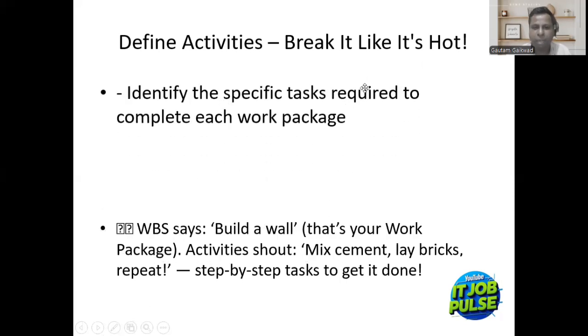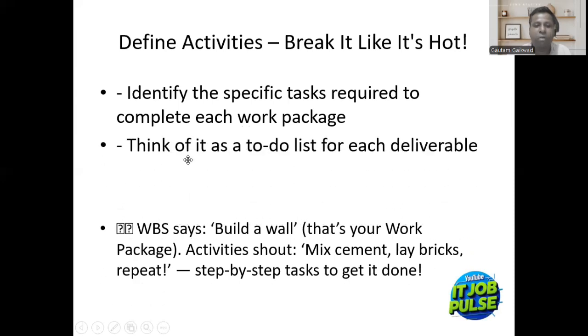Identify the specific tasks required to complete each work package. So tasks are nothing but the activities required for the work package to be completed. Think of it as a to-do list for each deliverable. Again, these are nothing but the activities for a work package, and this is a to-do list.